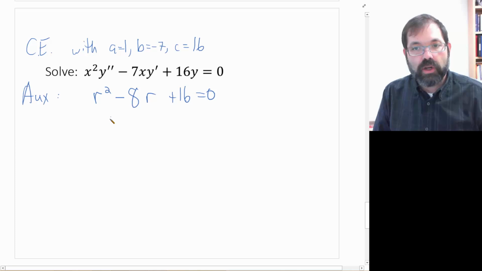Oh, that's a perfect square trinomial. That factors as (r minus 4) squared, and so I see that r equals 4, but multiplicity here, right? Multiplicity 2.